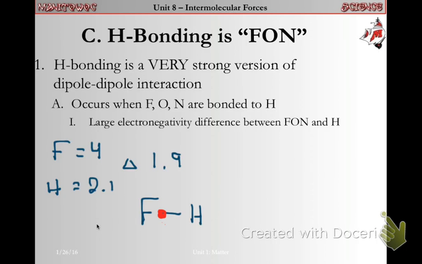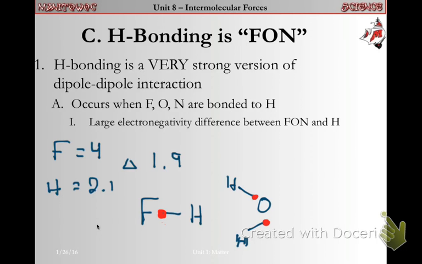So if we have, let's say, a water molecule right next to this hydrogen fluoride, let's go with an O and an H and an H. We think about where the electrons will be. Well, oxygen, if you look at an electronegativity table in the back of your chem manual, is going to have a higher electronegativity than hydrogen, so the electrons will be pulled closer to oxygen.